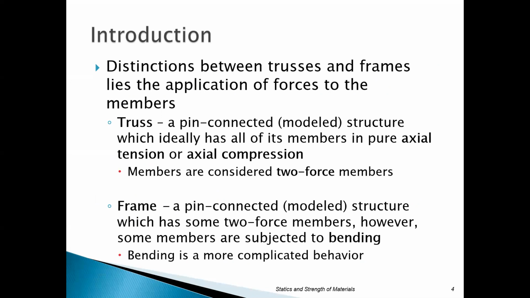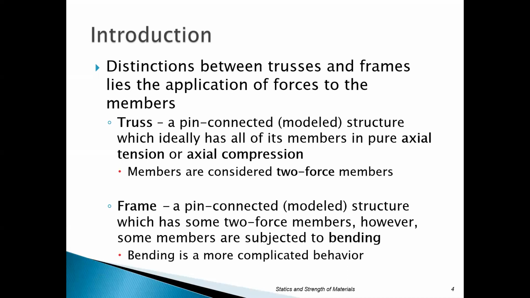It ideally has all of its members in either pure axial tension or pure axial compression. What we're saying there is that the line of action comes right through the middle of the member, the center line of the member, and it's putting that member in either pure tension or pure compression.